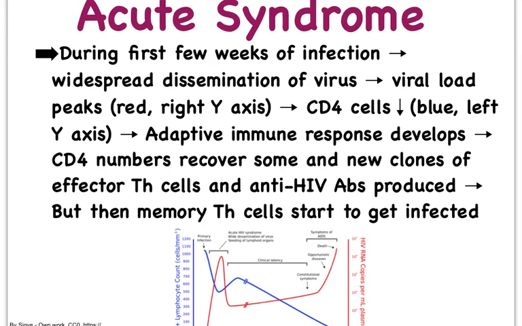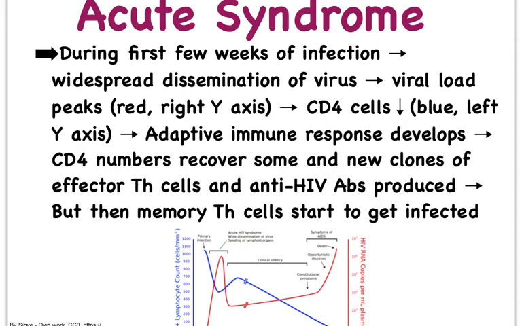But, and I should just say T cells, also some of the other CD4 cells, our adaptive immune system is going to recuperate some, and therefore we start to see a bit of a rise as they recover, and we make more T cells, effector T cells. We might even be producing some antibodies. So we see a bit of a recovery period here during that acute phase.